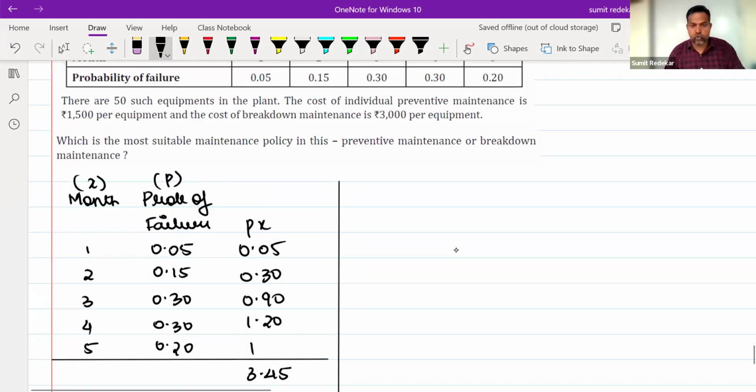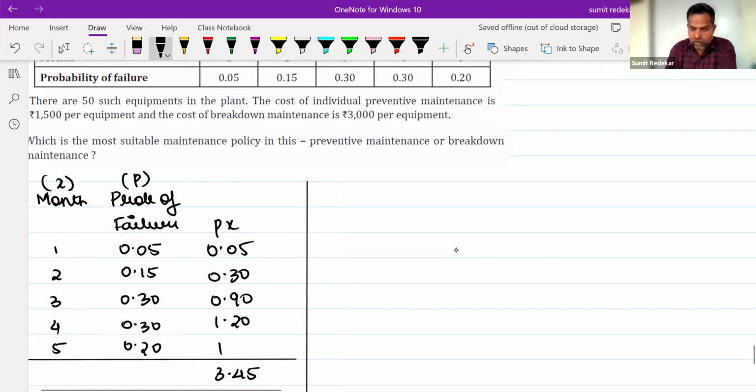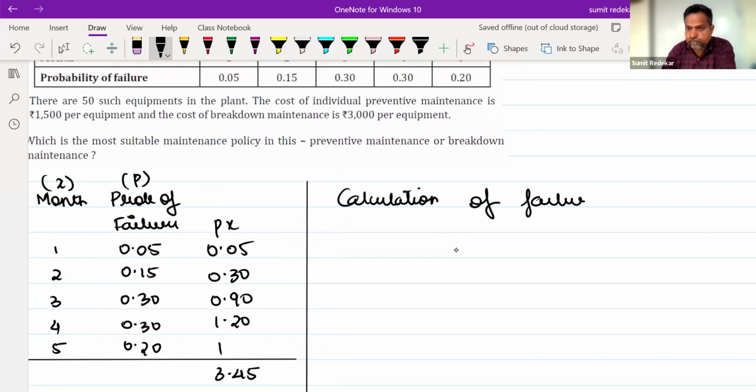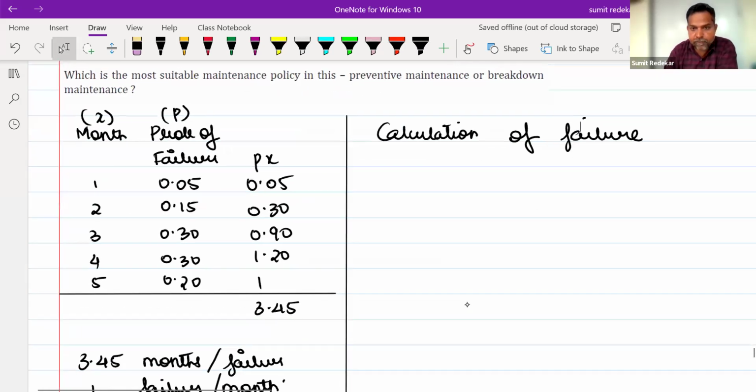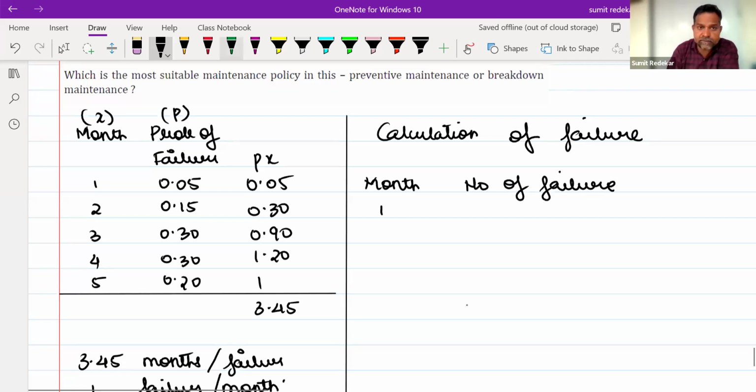Correct? So we are going to go back and we are going to say calculation of failure. Month and number of failure. Month 1.